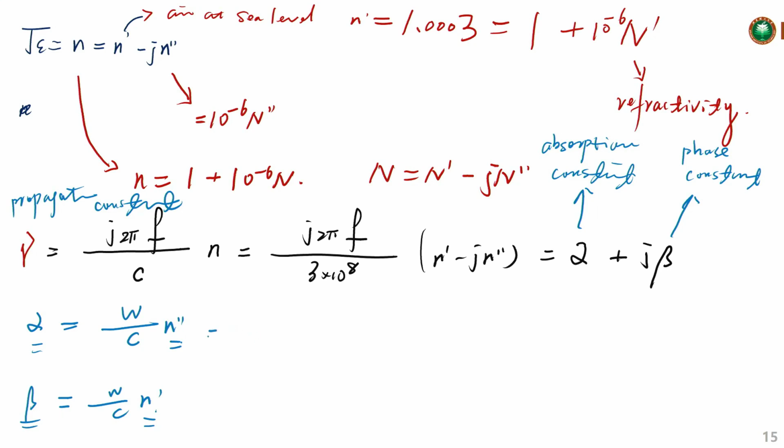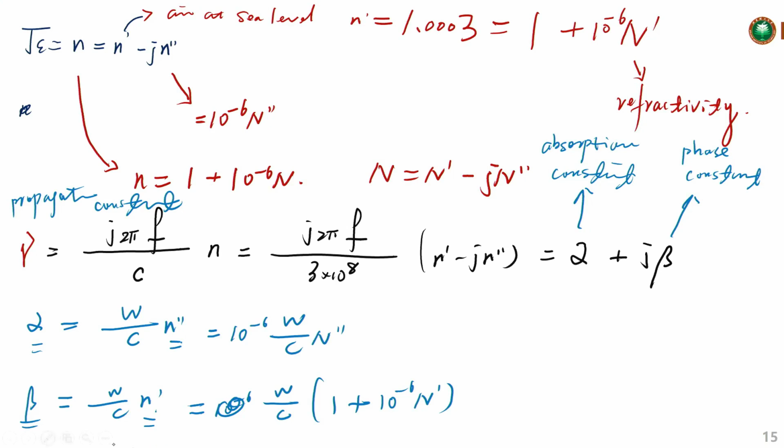And this can be further expressed as 10 to the power minus 6 omega over c times n double prime, and 10 to the power minus 6 omega over c times 1 plus 10 to the power minus 6 n prime.